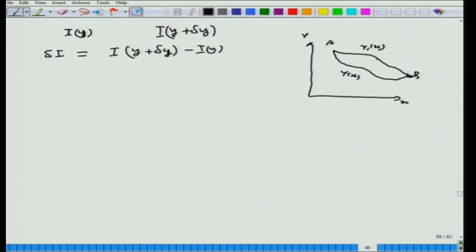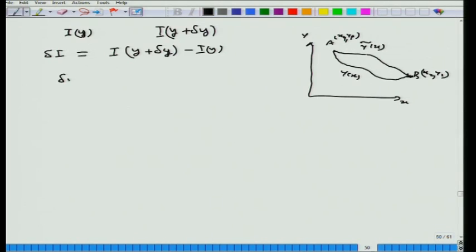These y of x and y 1 of x are joining these 2 points A and B. So, this is the point x 0, y 0 or x 1, y 1, and this is the point x 2, y 2, and these are two functions y of x, and let us not use y 1 here, let us say this is y tilde, the neighboring curve here.